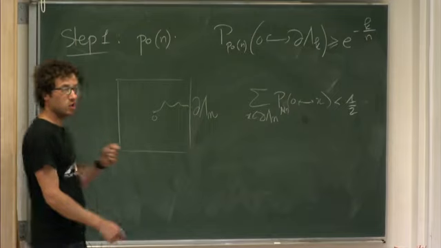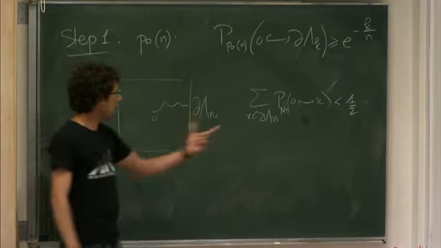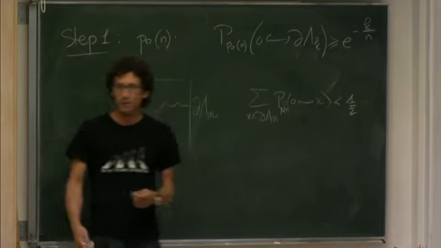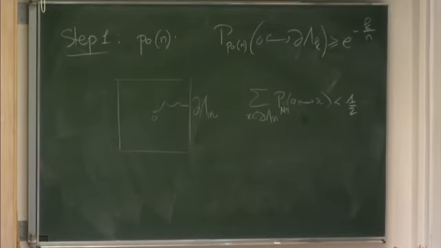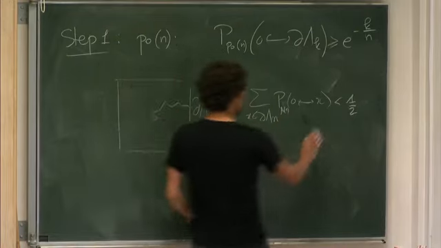Using the union bound and the BK inequality, if this thing is smaller than 1/2, then because I need to do at least k over n steps, the probability of connecting from 0 to distance k is going to be smaller than 1/2 to the k over n. So 1 over e would be preferable probably.